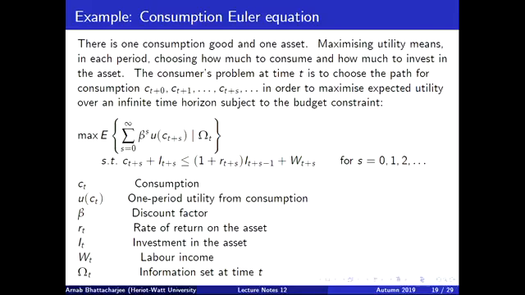What do we have here? The important things are the rate of return on an asset. So you are investing in an asset, and you have labor income, right? So you are taking your foregone consumption and investing that into an asset with a certain rate of return. And this omega t here corresponds to, so how are you doing this optimization? You are doing this subject to the information set at time t, right? You don't know the future, right?